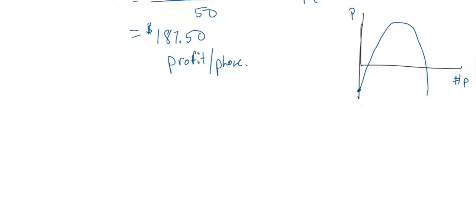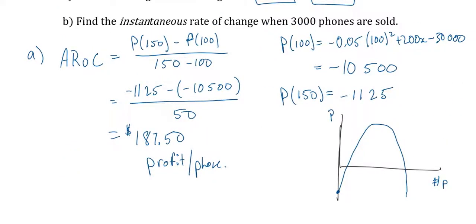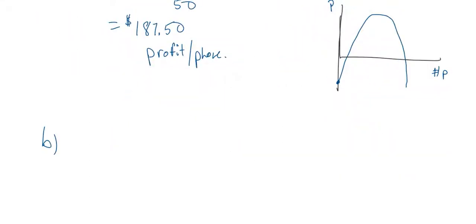These ones, I find a lot of people find these ones are tricky. Okay, so that was A. B is the instantaneous rate of change for the 3000th phone. Phone number 3000, find the instantaneous rate of change at that point.